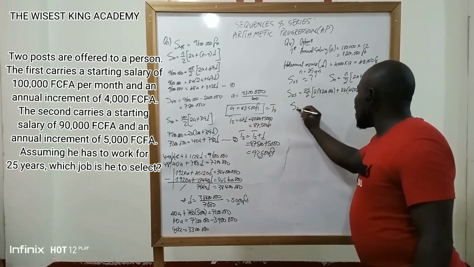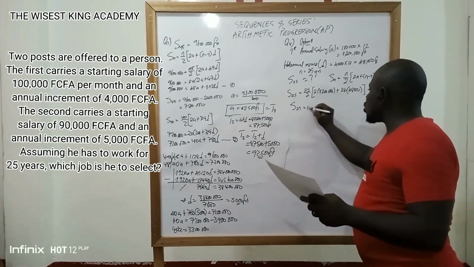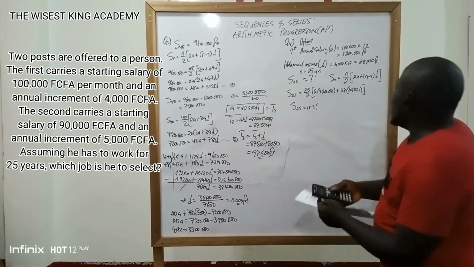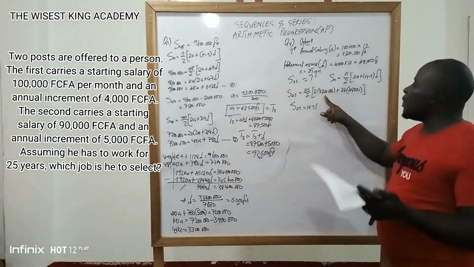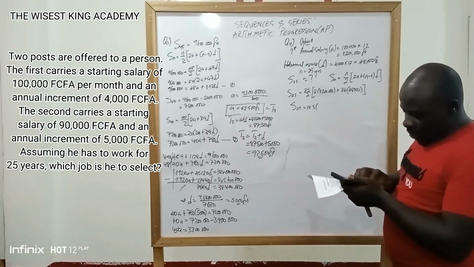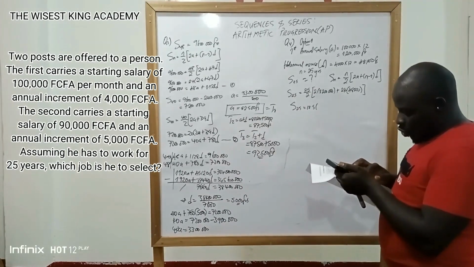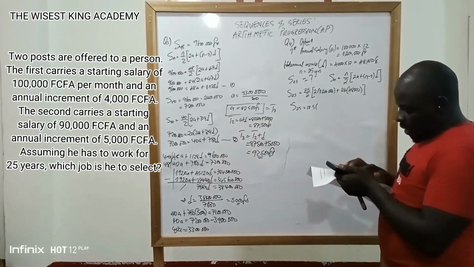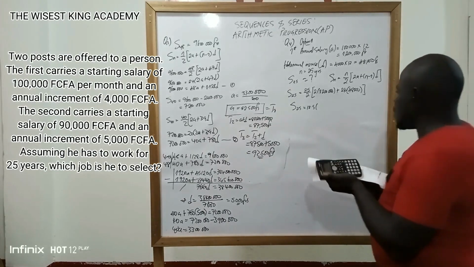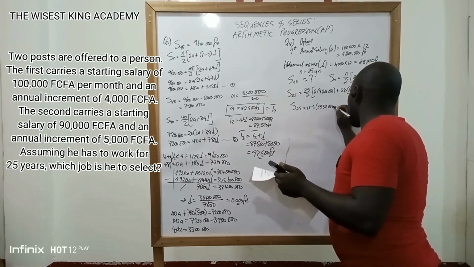So S25 in this first option is going to be, remember this is 12.5 times. 2 times 1,200,000 is 2,400,000, plus 24 times 48,000 gives 3,552,000.